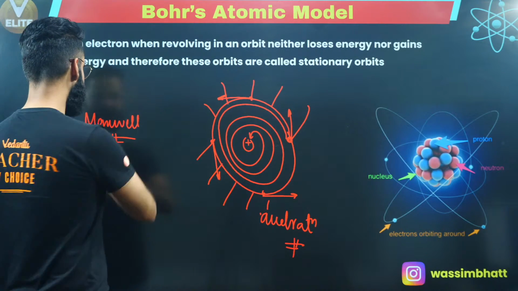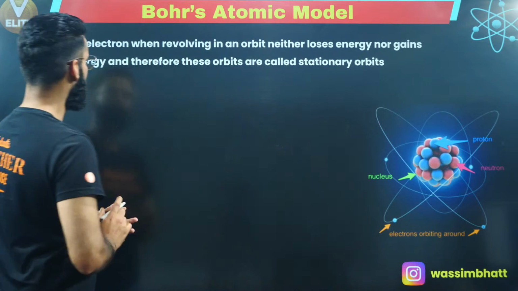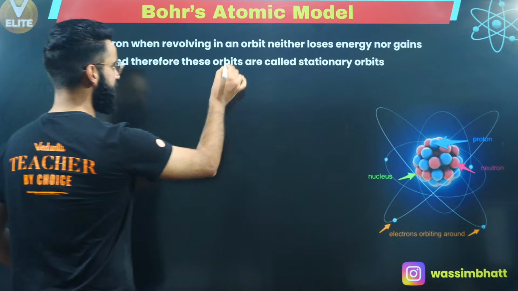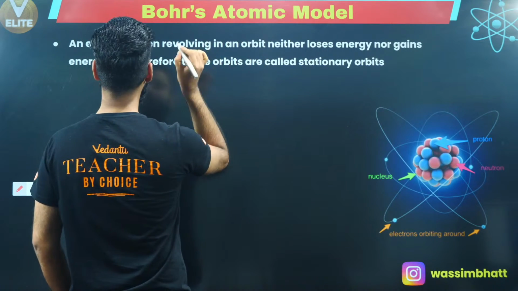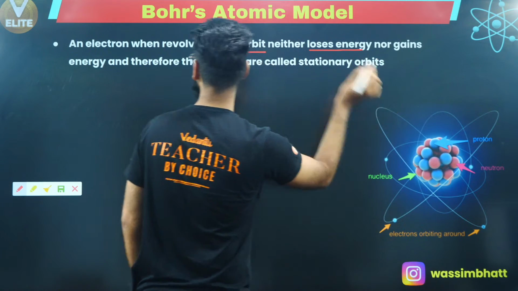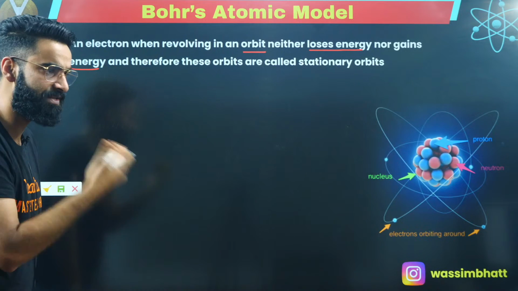But as per Bohr's theory, what he said was, when the electron revolves in an orbit, it neither loses energy nor gains energy. This is something I will prove mathematically after some time.